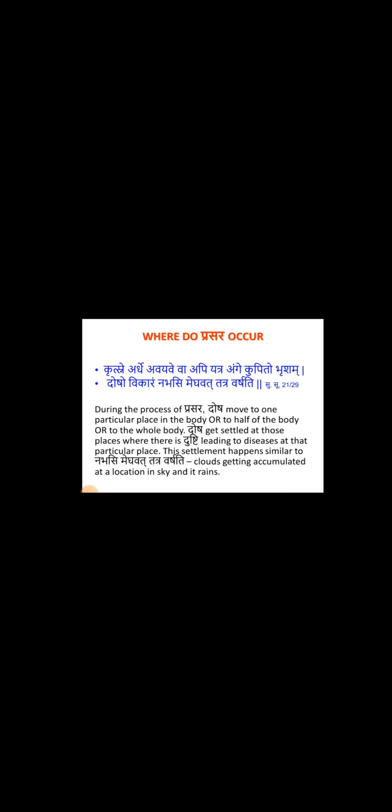So once again, to conclude, aggravated doshas move all over the body and manifest the disease wherever they get stuck, be it the whole body, half portion or a particular part of the body, like the cloud rains in the sky wherever it stops. So for example, in this prasaravastha, there will be urdhvagati, adhogati or thiryagati of the doshas.